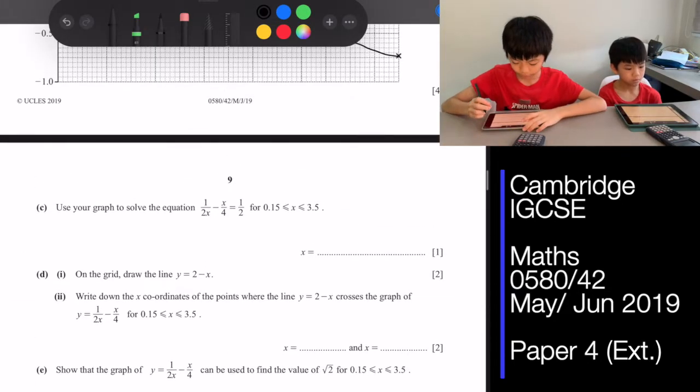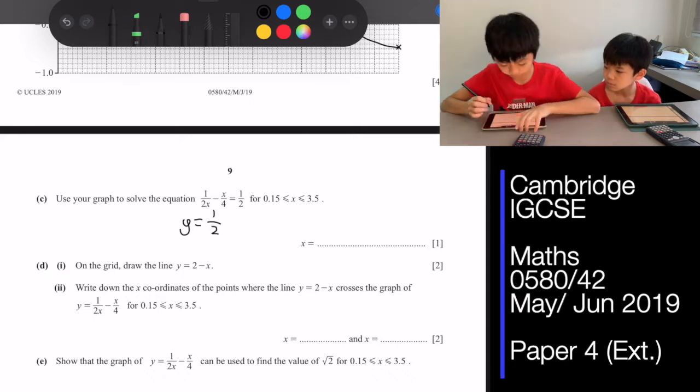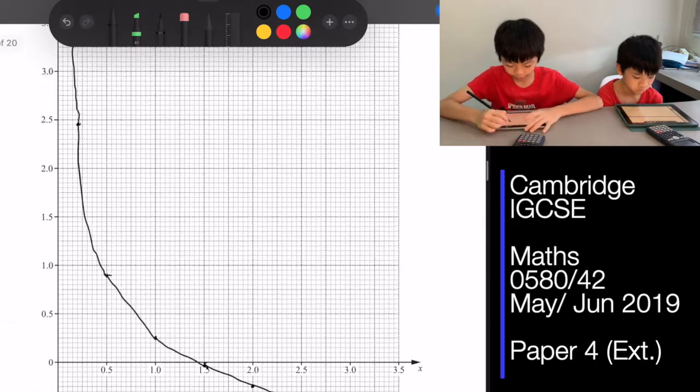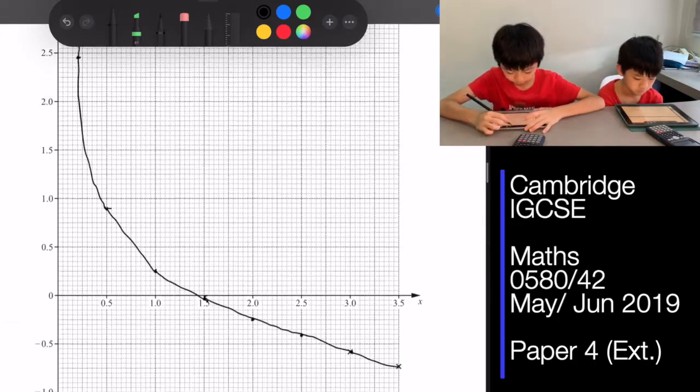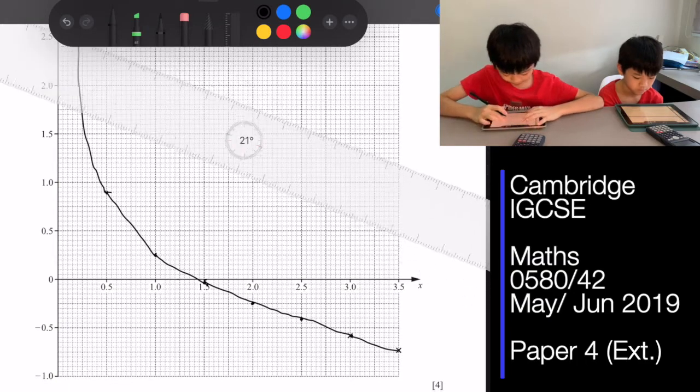For our next question, we need to solve a new equation, where y equals half. So we can draw the line y is half, 0.5.